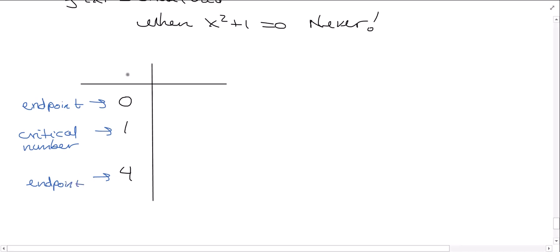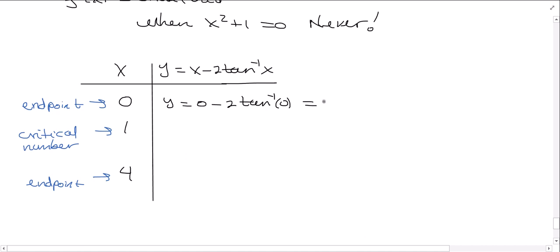And so these are our x's, and we're testing them in our function, right? y equals x minus 2 inverse tangent of x. So plug in when x is 0, y is equal to 0 minus 2 inverse tangent of 0, which is 0. So we just get 0 for that.